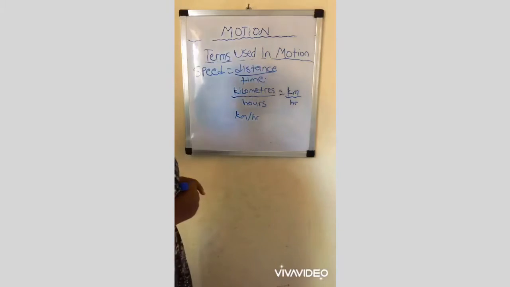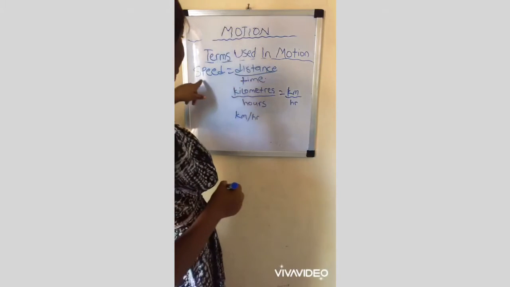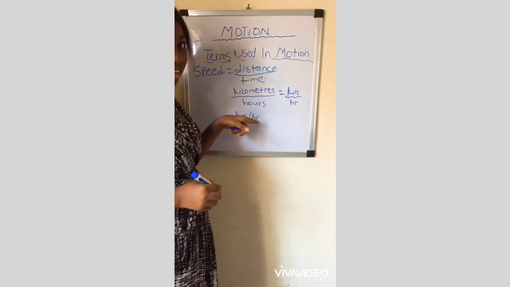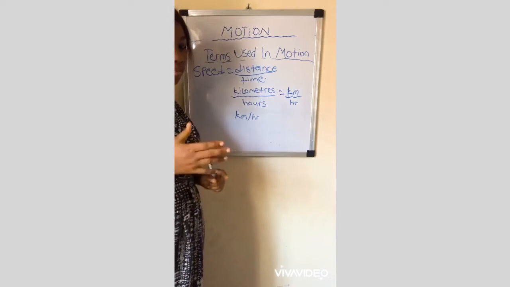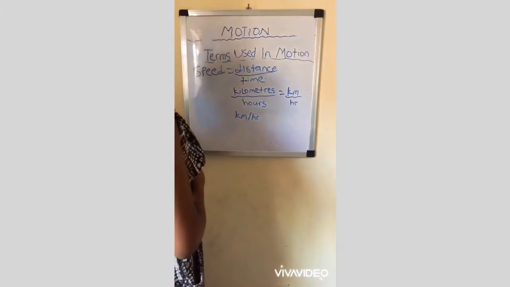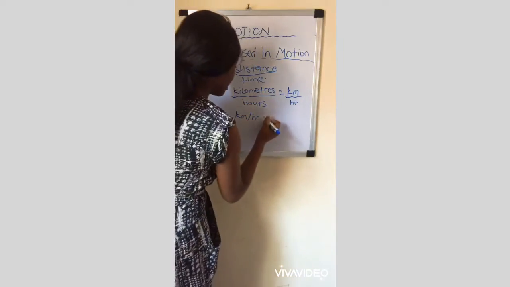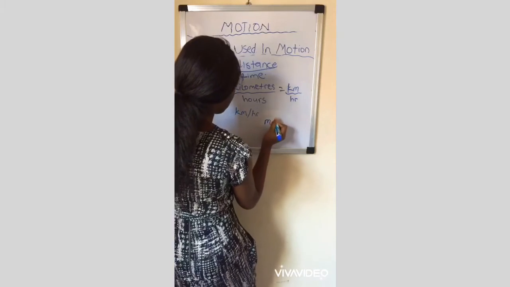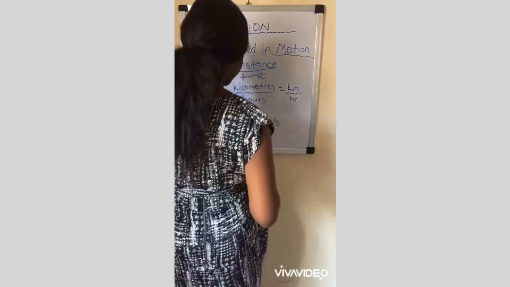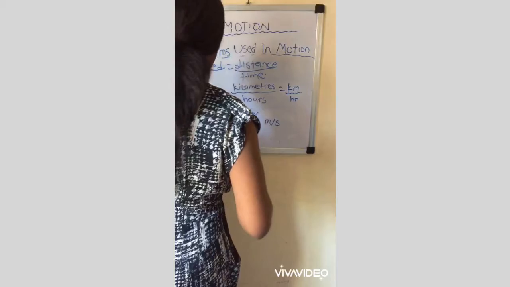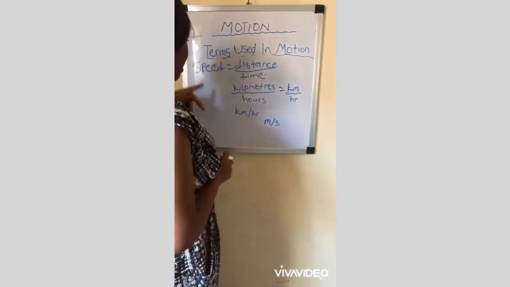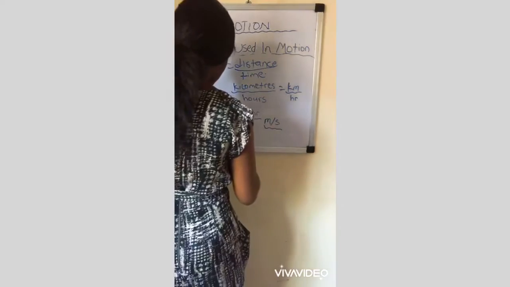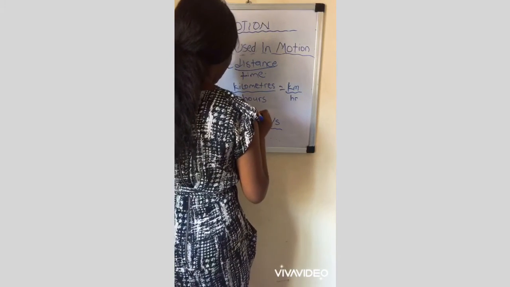You can see the unit of speed in this way: kilometer per hour. I know a lot of you hear kilometer per hour, kilometer per hour. Or you can see it in meter per second. So in all of this, the SI unit of speed is meter per second, and this other one is kilometer per hour.